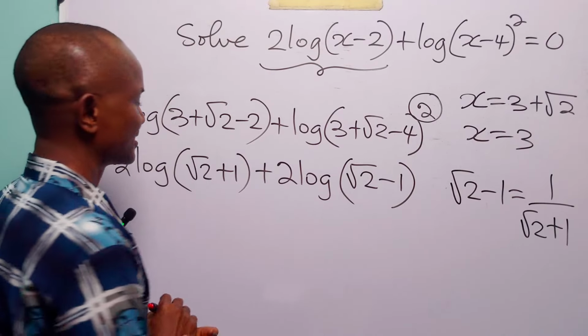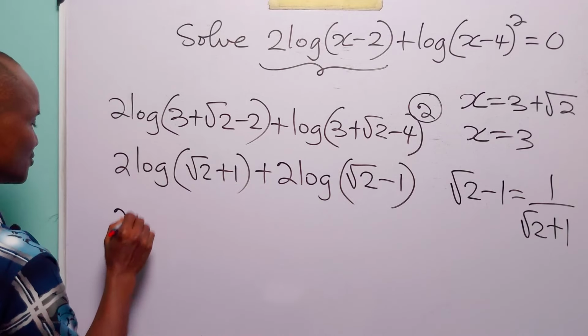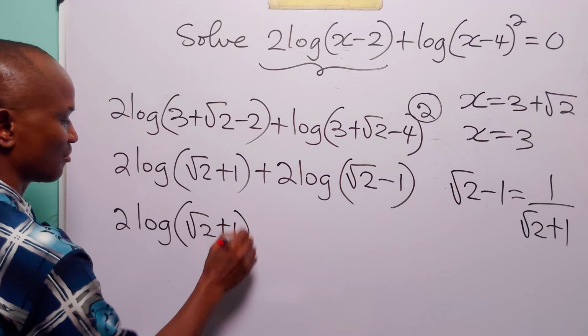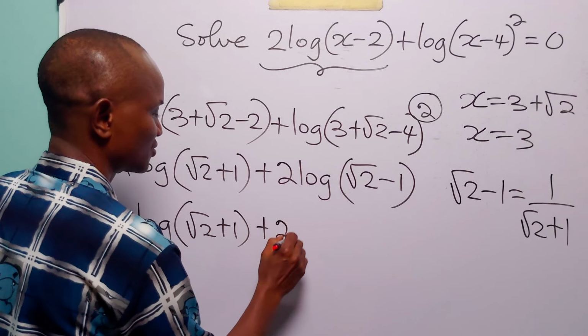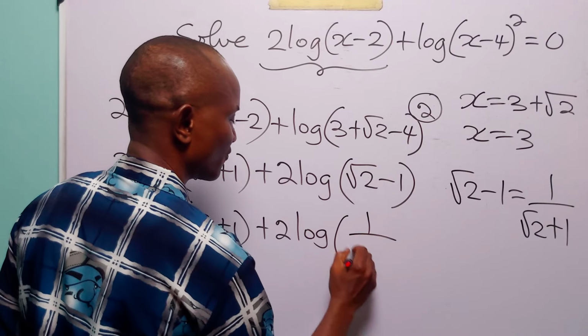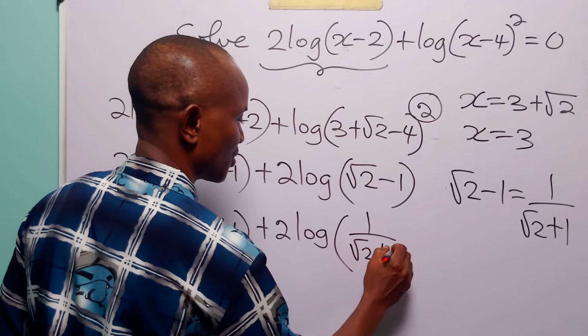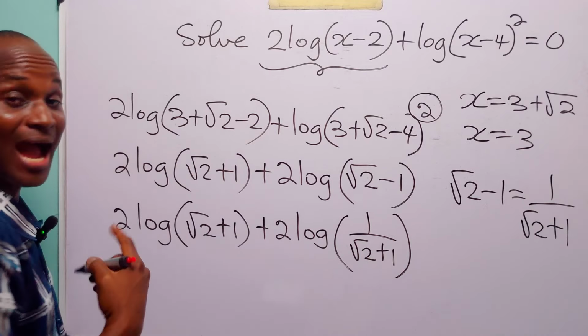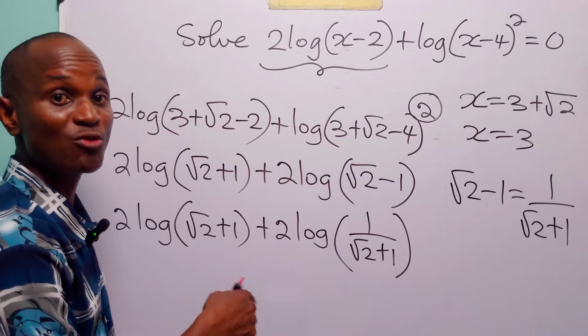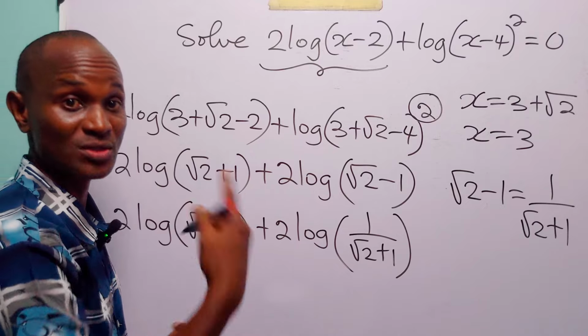So that means that this is equal to 2 times log root 2 plus 1 plus 2 times log 1 over root 2 plus 1. And of course, you know that 1 over root 2 plus 1 is the same as root 2 plus 1 to the power minus 1.